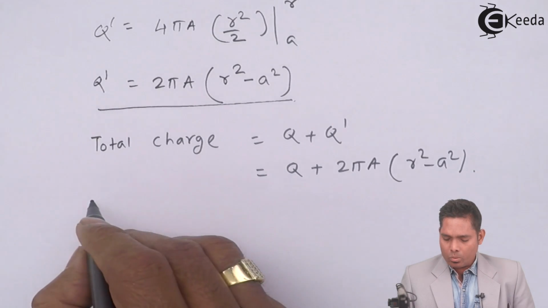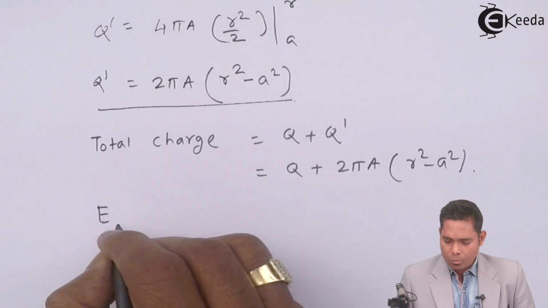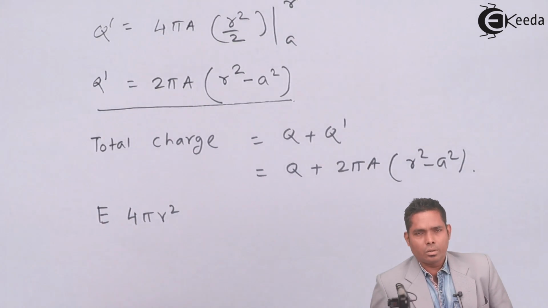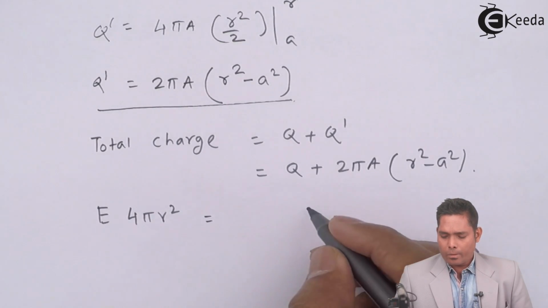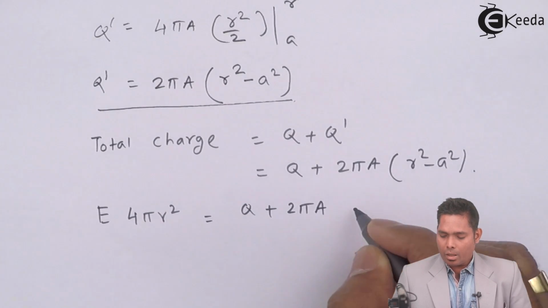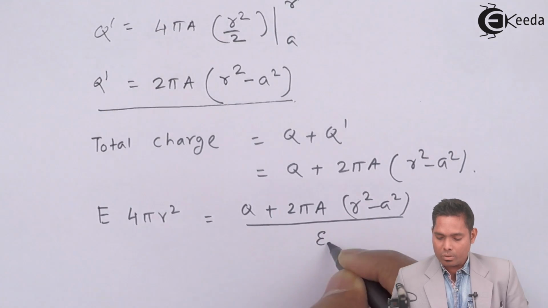Now I have to write the Gauss theorem: E into 4 pi r square. That flux that comes out equals the total charge, that is q plus 2 pi a (r square minus a square), divided by epsilon naught.